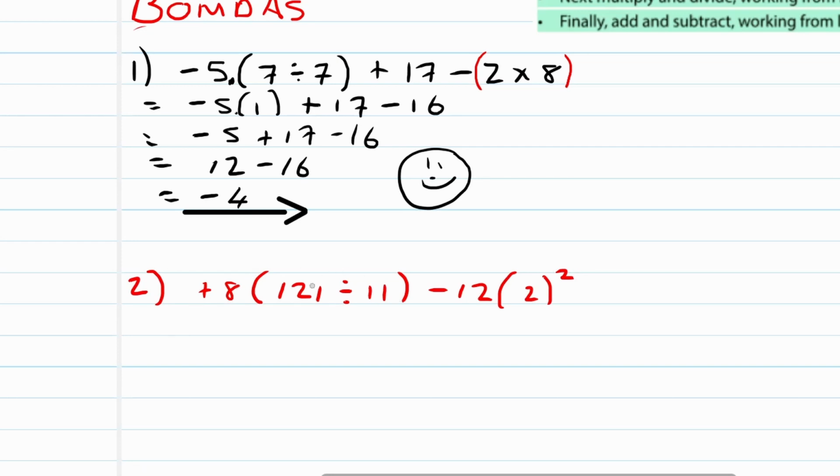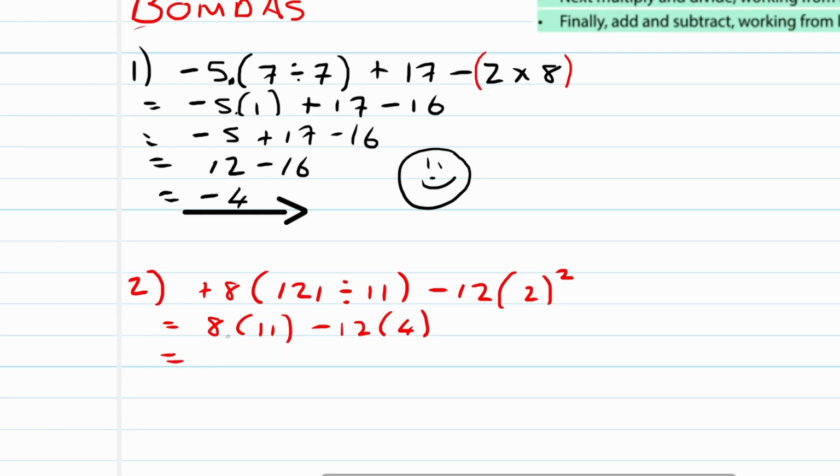So first of all, we see the bracket, and inside the bracket we see 121 divided by 11. So this can be written as an 8 times 11 minus 12 times, and now the 2 to the power of 2 is applied next. This becomes a 4.